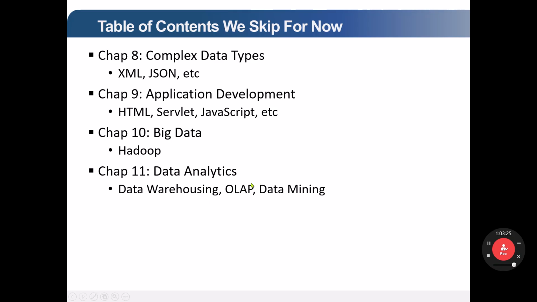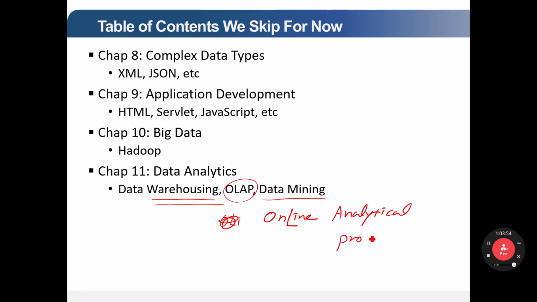So that is the goal of these data mining techniques, and that is why data are stored in storage systems called data warehouses. And OLAP stands for online analytical processing.